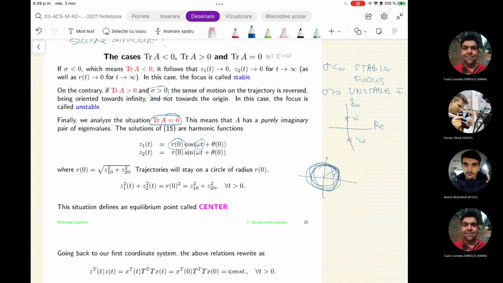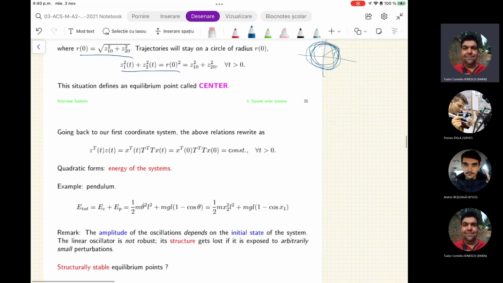This is the radius, which is constant, and the trajectories are going to stay on the circle like this one. So z1 squared plus z2 squared is r0 squared. This is the center, the center we mentioned earlier.